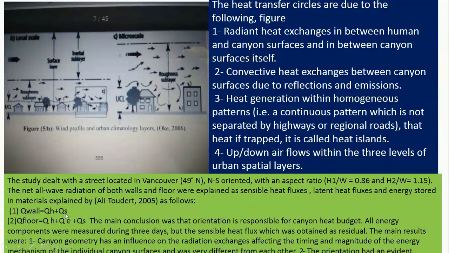It is the net all wave radiation of both walls and floor, explaining how much temperature is absorbed by the wall, because there is exposure of the wall to insolation or solar radiation. The floor gets reflected heat from the rooftop, and walls directly get heat from the solar radiation. So walls also reflect heat to the floor.